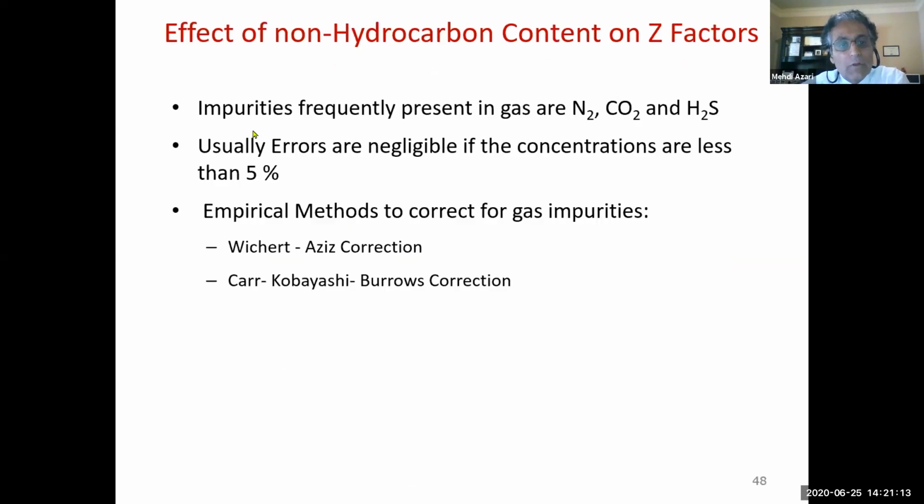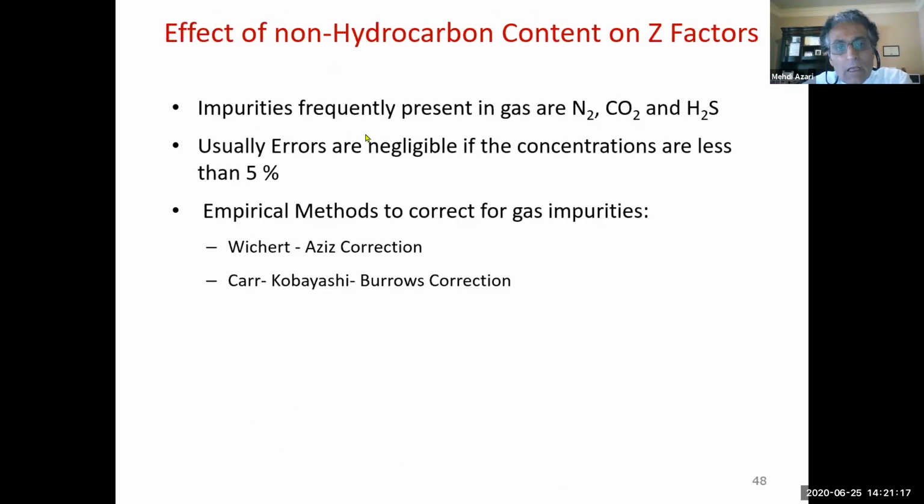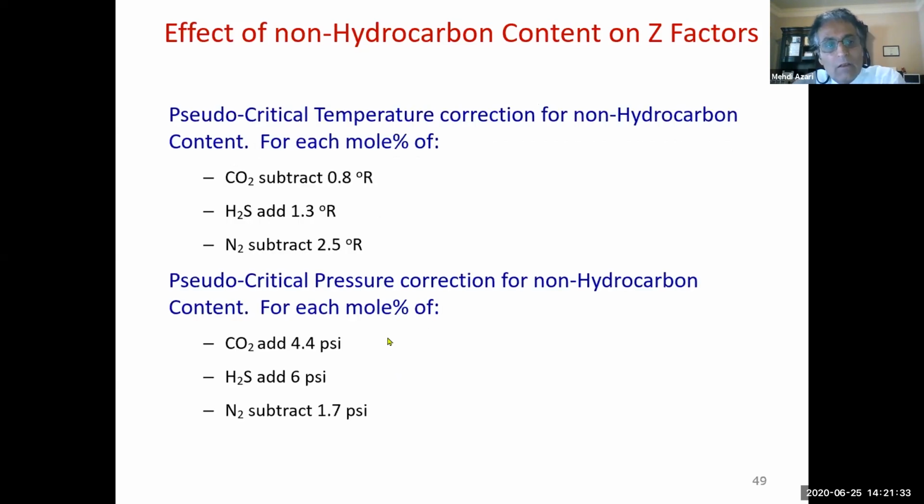If you have any impurities, as mentioned here, nitrogen, CO2, H2S, and they modify it, if it is less than 5% it is okay, not a big deal. And there are some empirical methods that can correct for those impurities, like Wichert-Aziz correlation, Carr, Kobayashi, and Burrows correlation, which were presented.